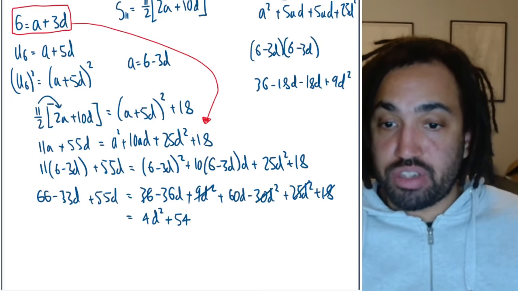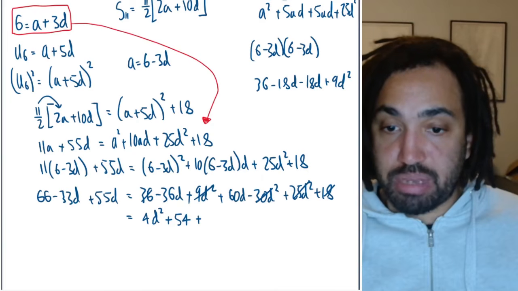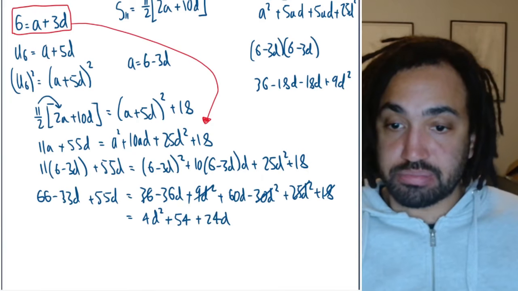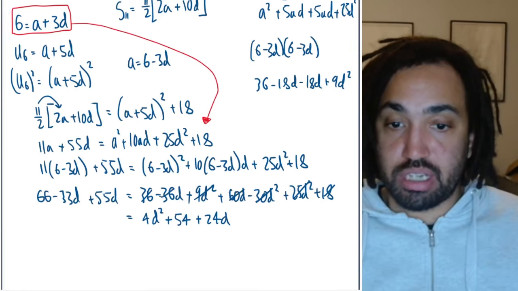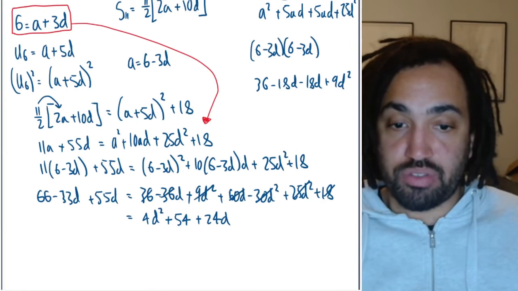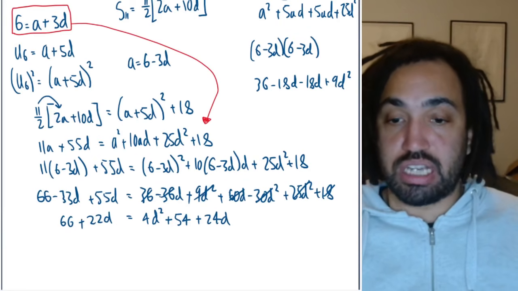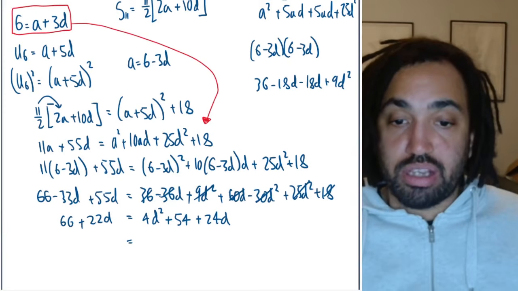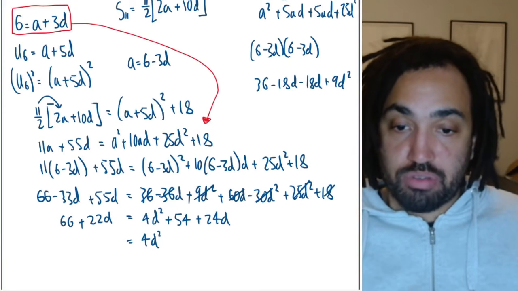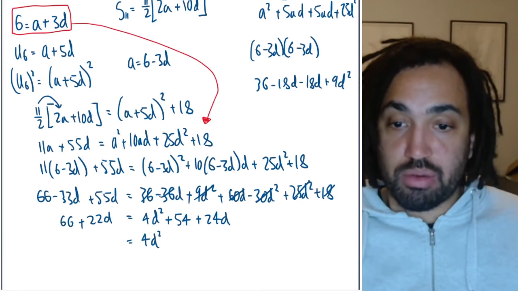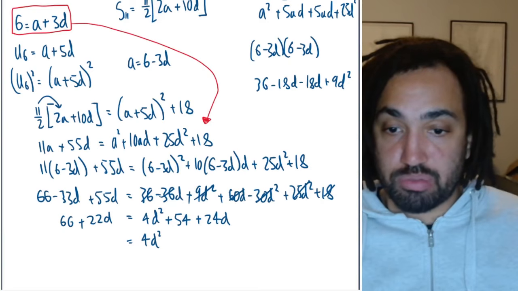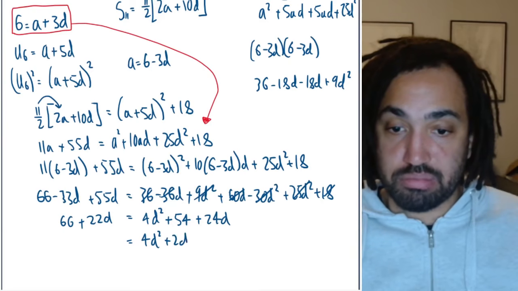We've got minus 36 and plus 60, so that makes plus 24d. Okay, so those are done, great. And over here we've got 55 and minus 33, so that's 22. And we've also got 66 as well. Okay, let's bring it all over to one side. We've got 4d squared. If we take away 22 from 24, we get plus 2d.